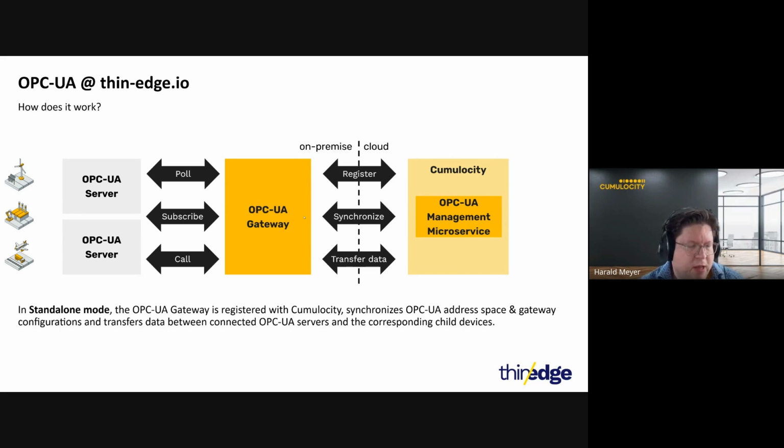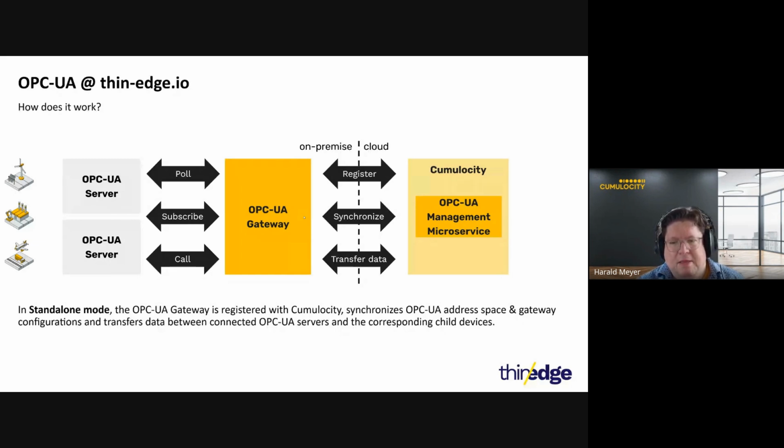OPC UA is a protocol that's used, for example, in shop floors, but also, for example, in wind turbine setups. So it's quite a flexible protocol. And the way that we are supporting it is that we have the Cumulocity OPC UA gateway, which is a standalone component that's running inside of your network, being connected directly to one or multiple OPC UA servers.